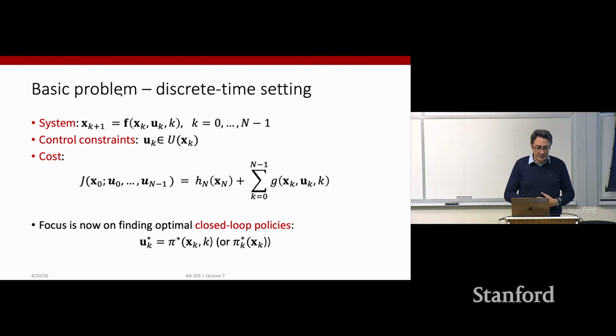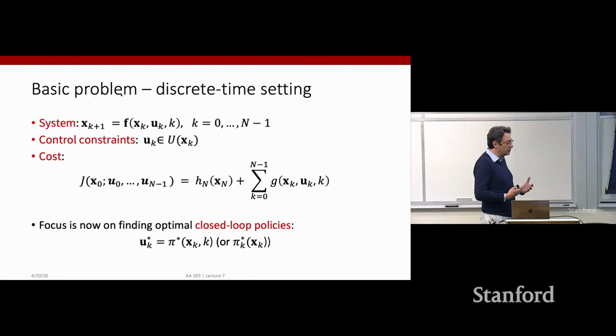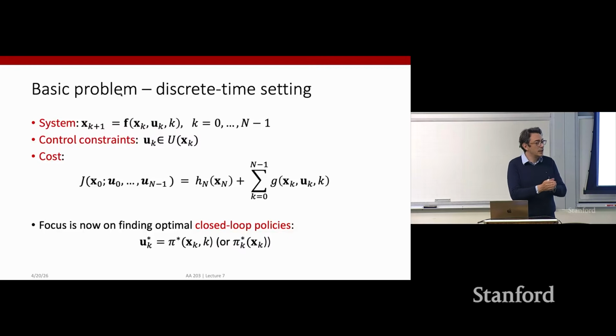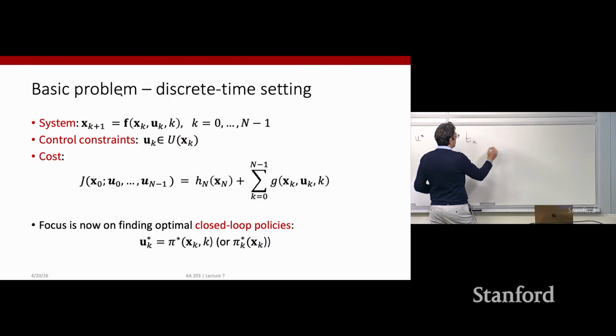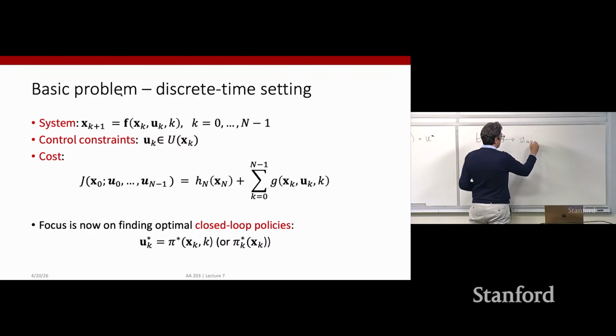So for the discrete time setting, what we have is essentially the same formulation we saw during lecture 1, but now we are discretizing time. So time is no longer a continuous variable, it is a discrete variable. And each time instant is denoted by t_k or stage k.